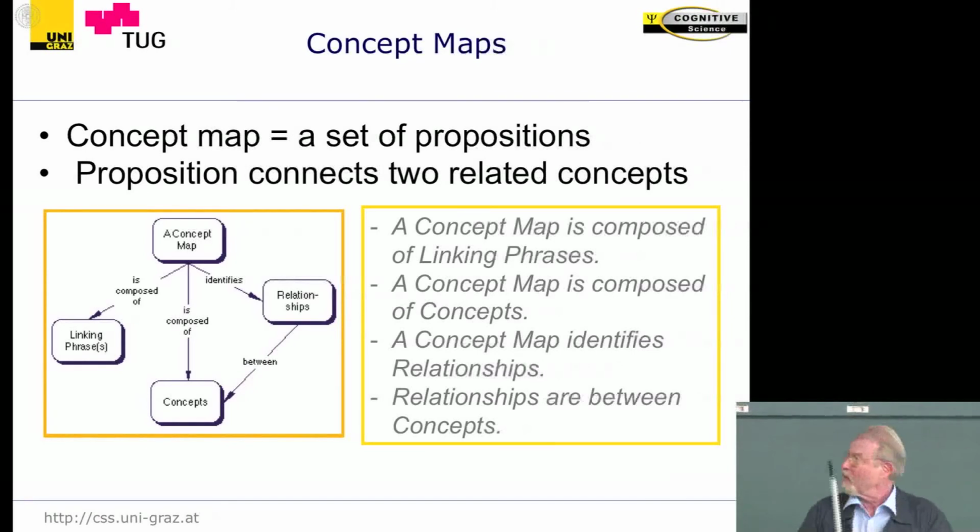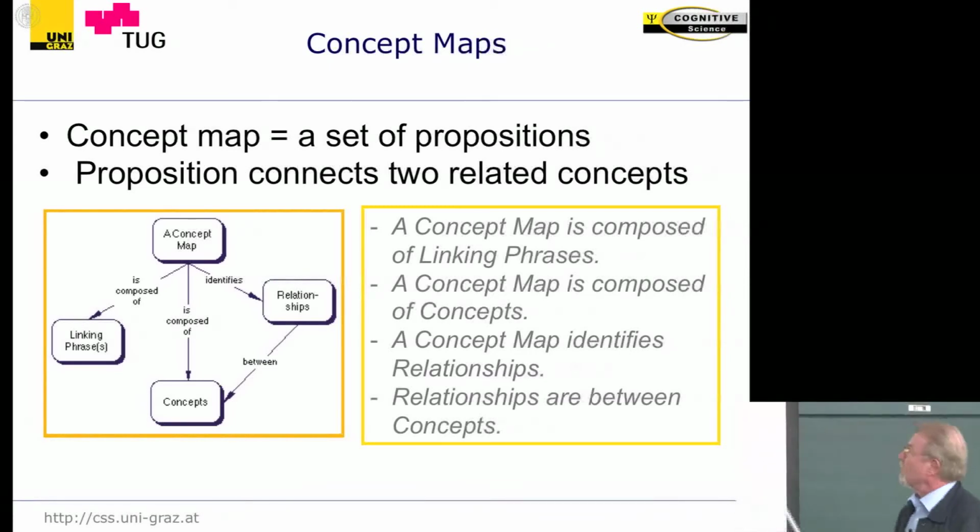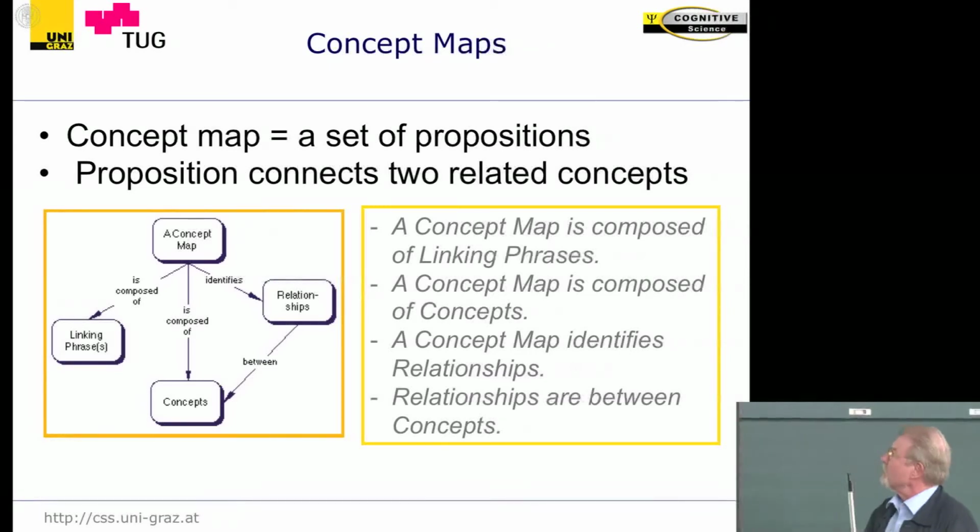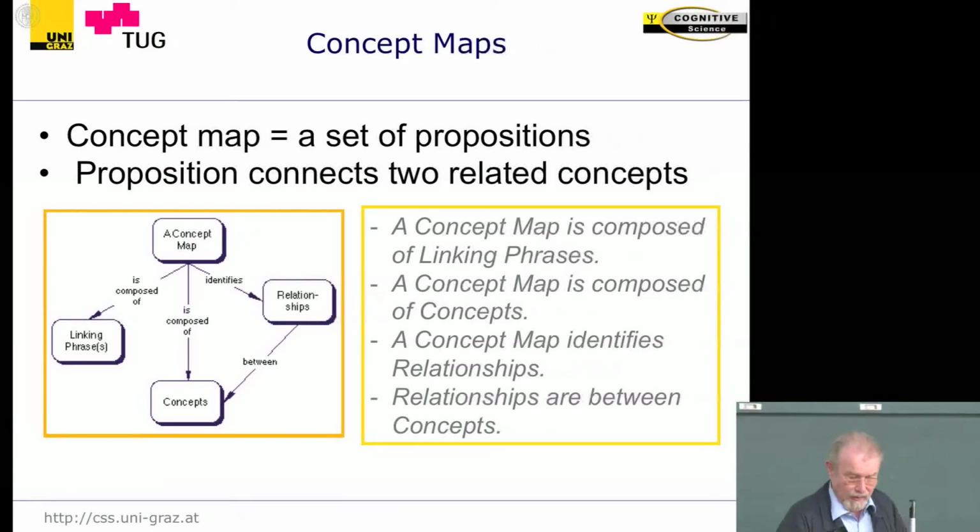This is a very simple concept map which tries to visualize the concept of a concept map. And the meaning is: a concept map is composed of linking phrases. A concept map is composed of concepts. A concept map identifies relationships. The relationships are between the concepts.